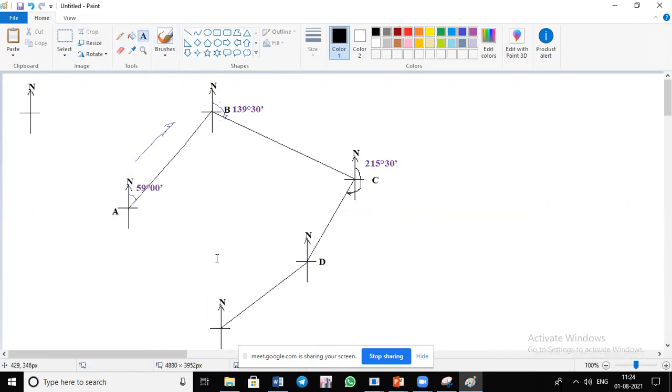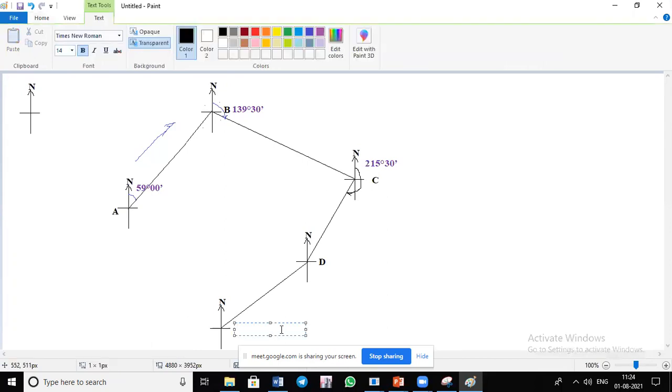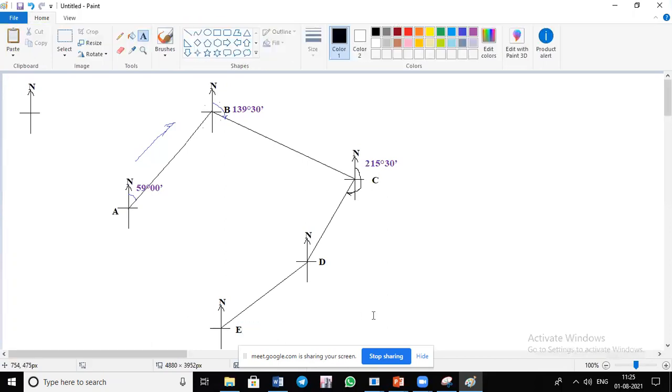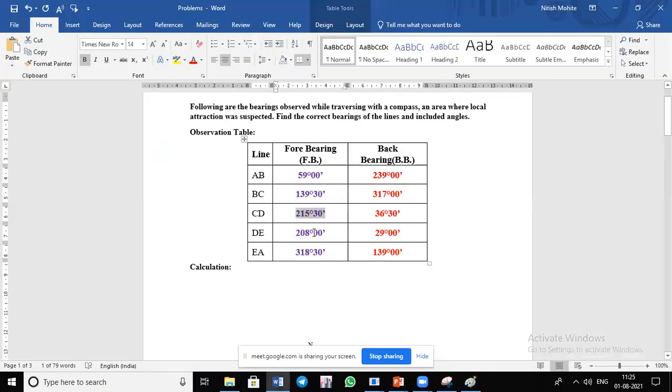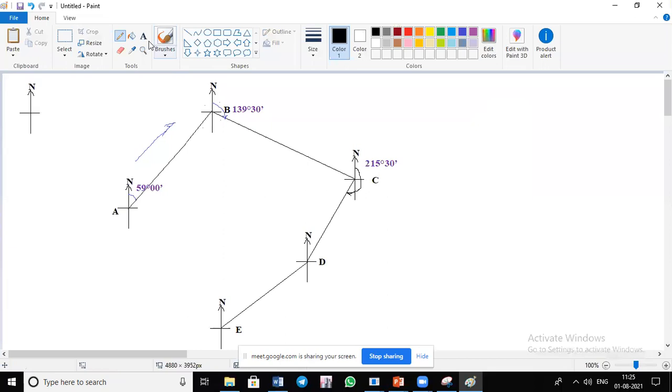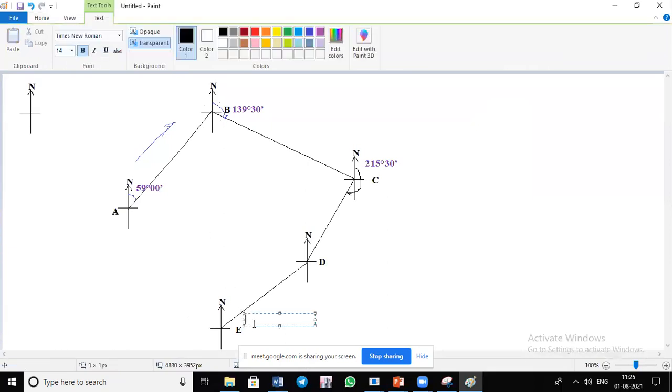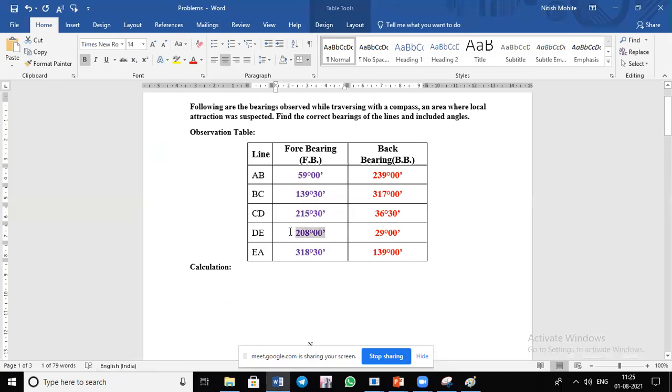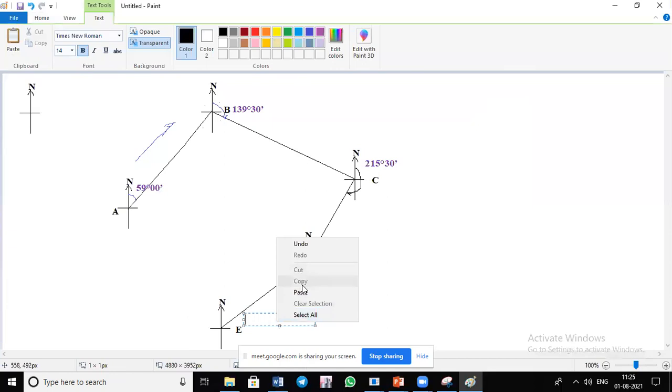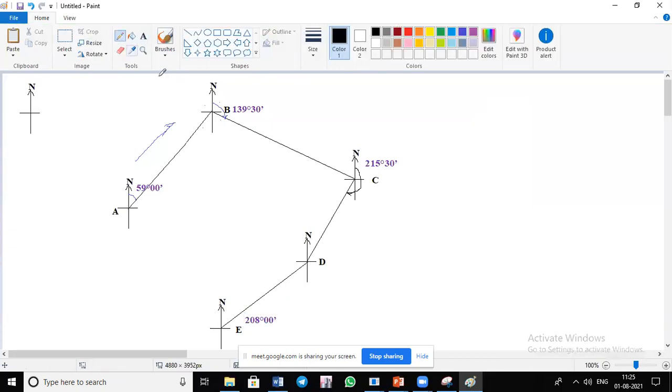This station is my E point. The angle which has been measured here is 208 degree, which I am going to write here.